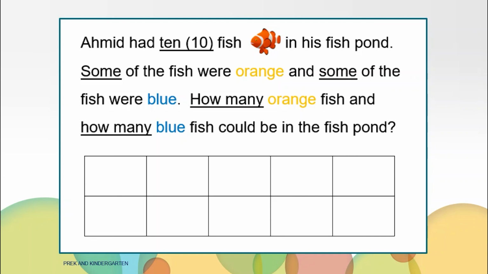Show me what you did. I love the different combinations you came up with. Now I want you to try a different combination for the story problem. I'll wait for you to do this.